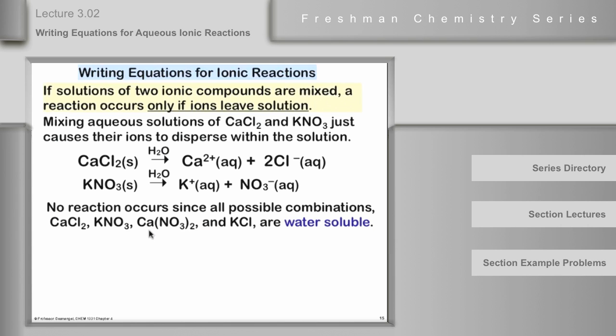No reaction occurs. Suppose we took that solution and we put it right there and we waited until Monday and came back, assuming nobody stole it or dumped it or did anything to it, and all the water evaporated, what would be left? You think it would go back to calcium chloride and potassium nitrate?